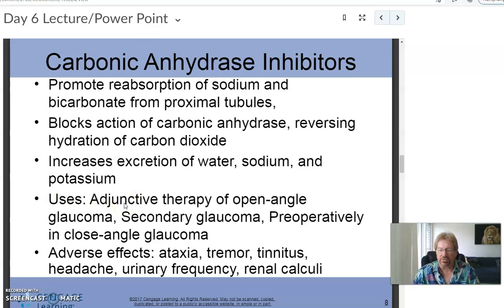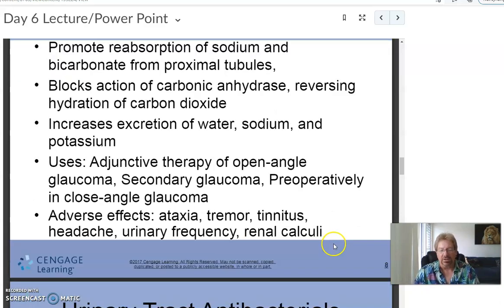When it says adjunctive therapy, that means an additional therapy to the main one being used, of open-angle glaucoma, secondary glaucoma, preoperatively in closed angle glaucoma. Adverse effects: ataxia, which is trouble walking, tremors, tinnitus (ringing in the ears), headache, urinary frequency, renal stones, renal calculi, which are kidney stones.